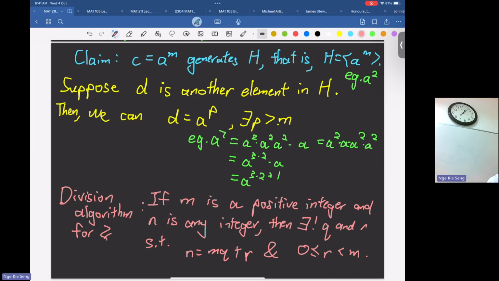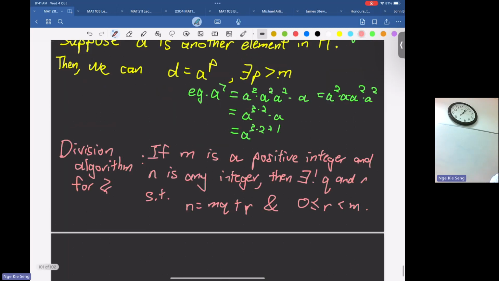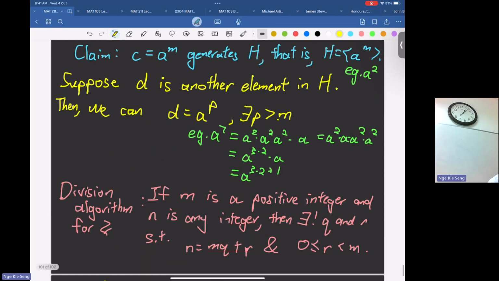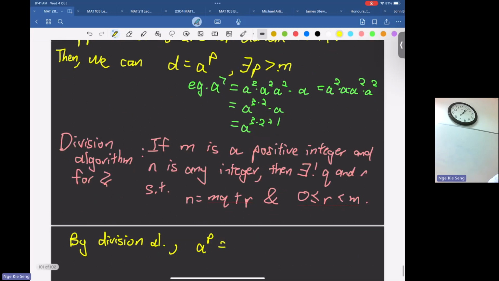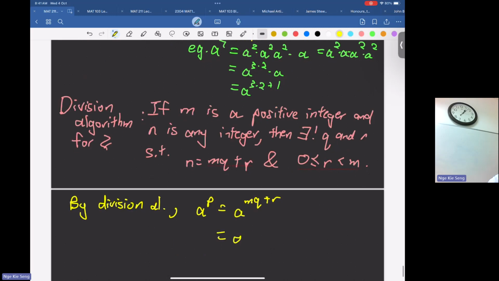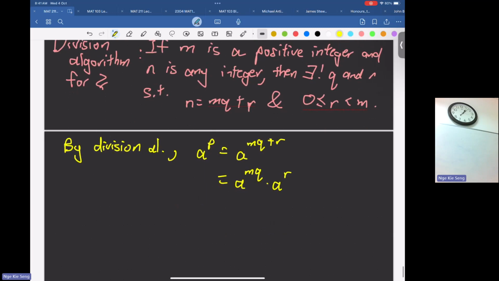So meaning we can split AP, because P is greater than M, by the division algorithm. We can split AP into multiples of AM. So let's say A to the MQ plus R, which becomes A to the MQ times AR. Does everyone follow up to here?